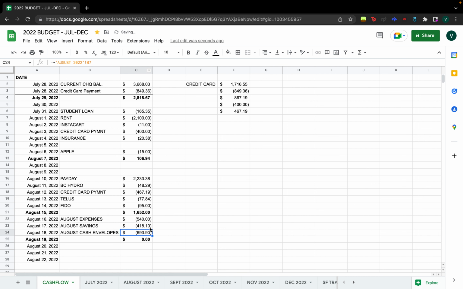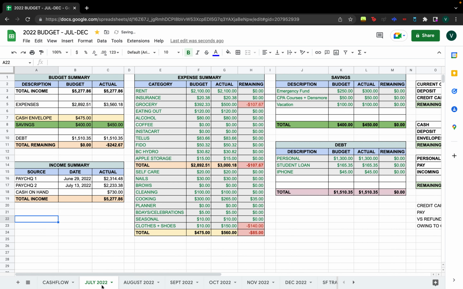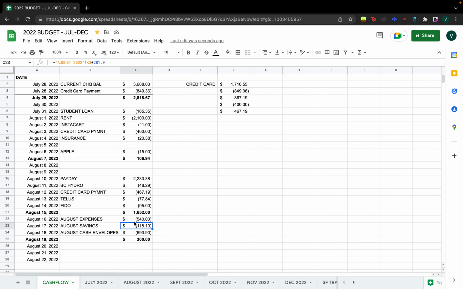So it seems like the savings I'll be able to put in August is around $400. So I'm just going to make it 400 even. Actually, I'm going to just change it up in here, like so. So now in my cash flow, I can adjust it, and there we go.